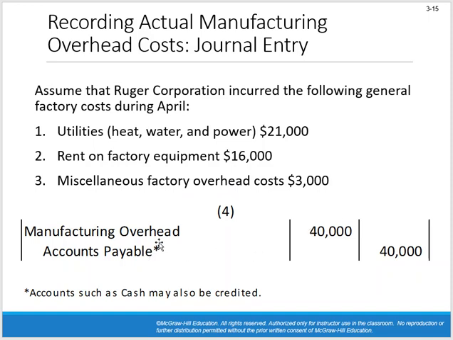Again, they want us to do this on account, but they note at the bottom that accounts like cash could also be credited. If it said it was for cash, then we'd credit cash, but this time we're going to do it on account. So we add up the 21, the 16, and the 3, we debit MOH for 40,000, and we credit accounts payable for 40,000.